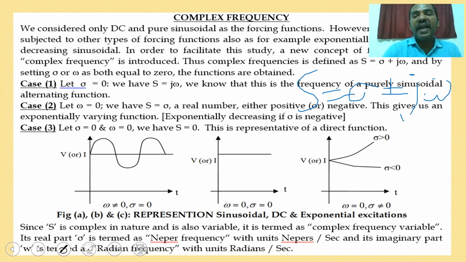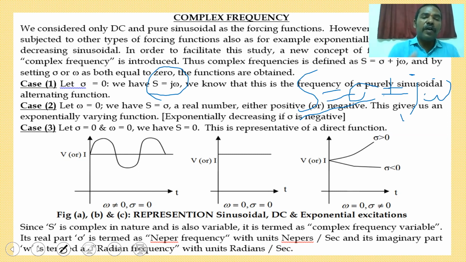If it is real, S is equal to sigma. If it is complex, S is equal to sigma plus or minus j omega. If the real part is 0, then the S value can be represented as j omega. This is called the complex frequency.